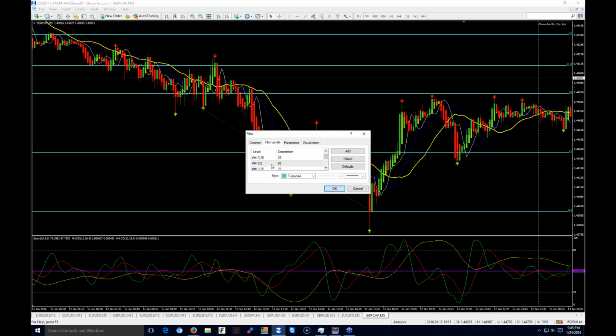Added if you need to, 0.5, 50, 0.75, 75, 0.618, 61.8, 100.0, 1.25, 125, minus 0.25, minus 25, 1.5, 150, minus 0.5, minus 50. Into that. Might have made mine just a tad bit darker here if you guys see that.